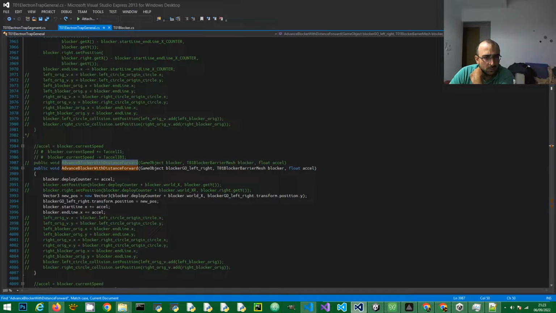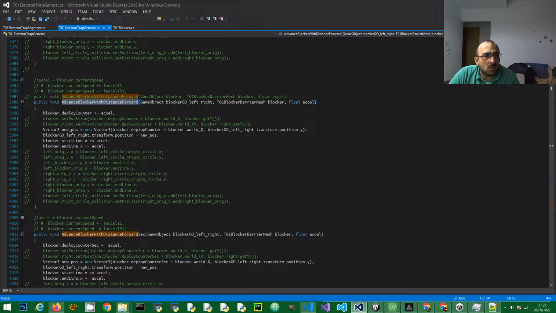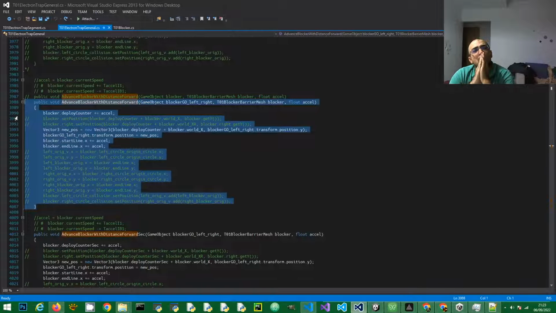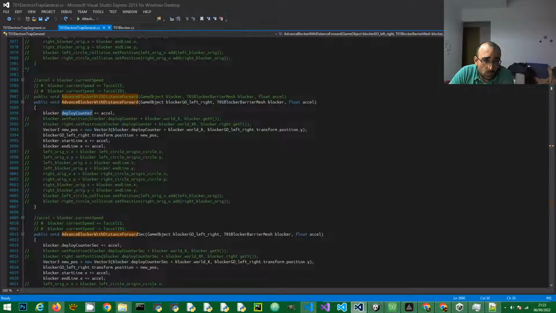Advanced blocker with no... So basically we're increasing the counter that measures the distance of the blocker from the initial position to the acceleration.